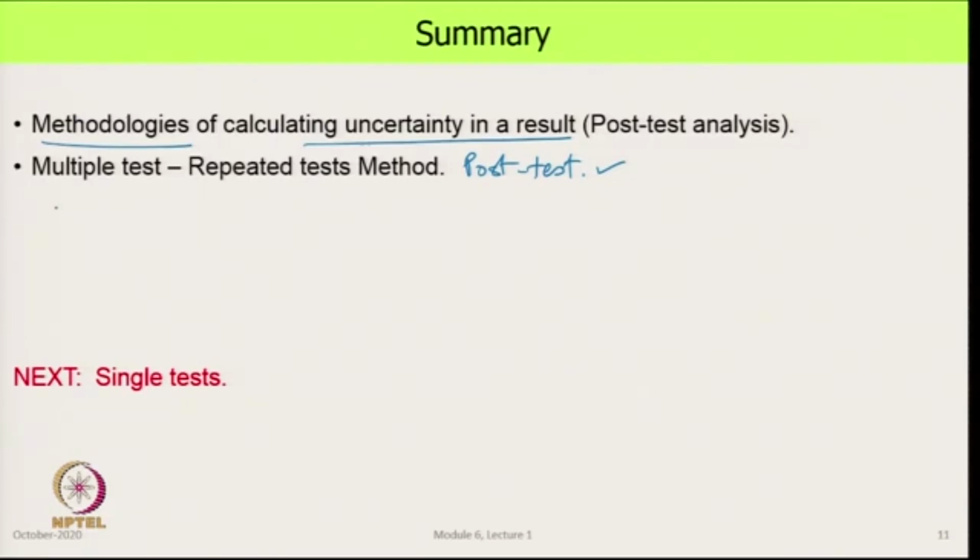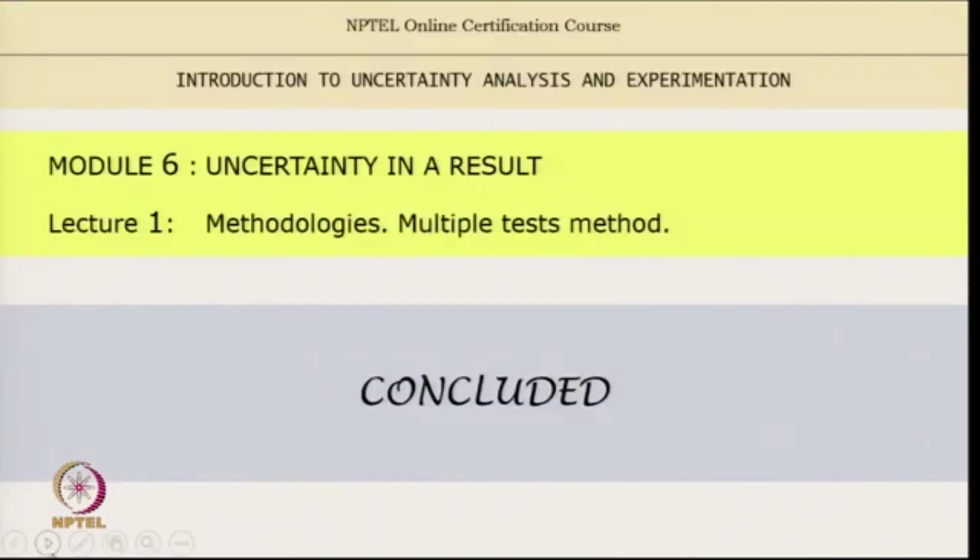We saw what is the technique, what are the mathematical formula that we need, and that was the multiple test repeated test method, where we do the experiment again and again, get a value of the result from each experiment, and finally do the calculations. In the next lecture, we will look at the single test methods. So, on that note, we conclude this first part of the lecture on uncertainty in the result. Thank you.